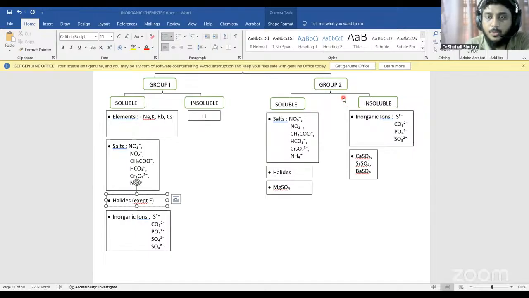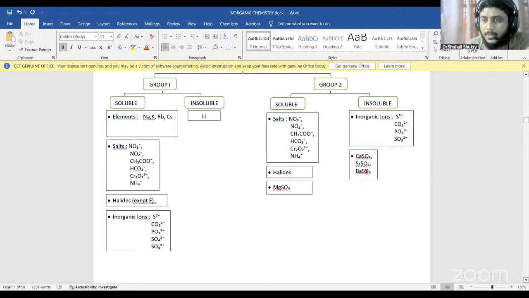When you take group 2, remember, nitrates, nitrites, acetate, bicarbonate, dichromate, ammonium, all these ions are soluble even here. But group 2 halides are not soluble. Sorry, magnesium sulfate is soluble, but other sulfates like calcium sulfate, strontium sulfate, barium sulfate are insoluble.